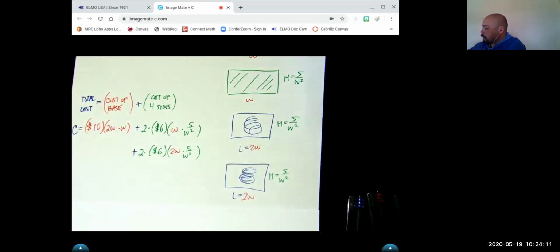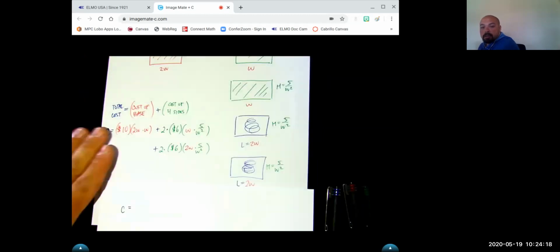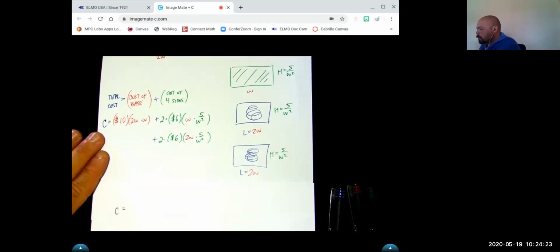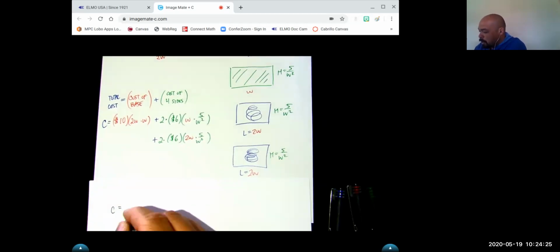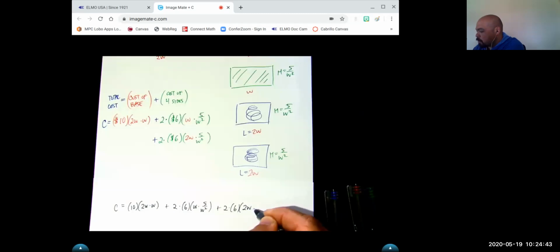Okay, so for my cost function, let me write it in black this time. Our cost equation, zooming out, it's a little small today. All right, again, let me put here 10 times 2W times W, we'll multiply that all out, plus 2 times $6 times W times 5 over W squared, plus 2 times $6 times 2W times 5 over W squared.